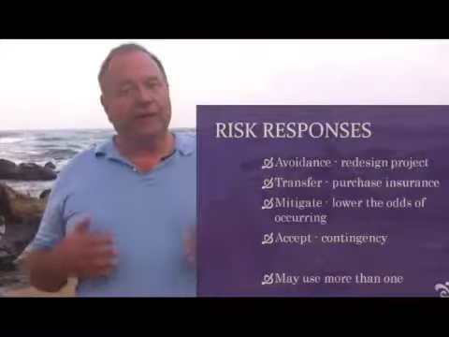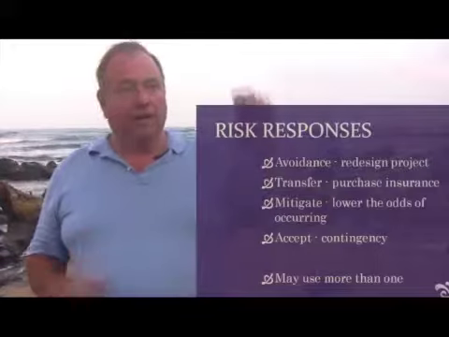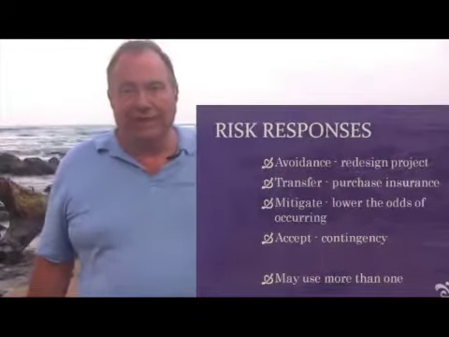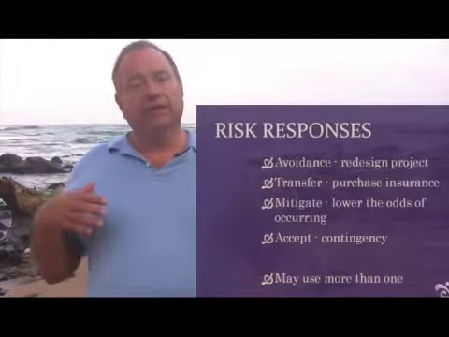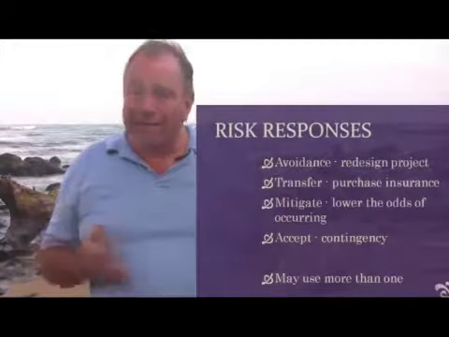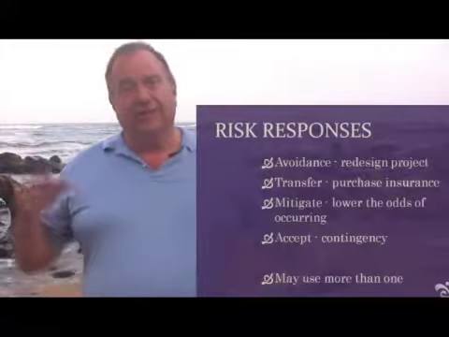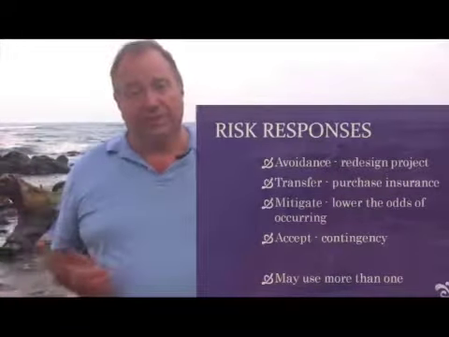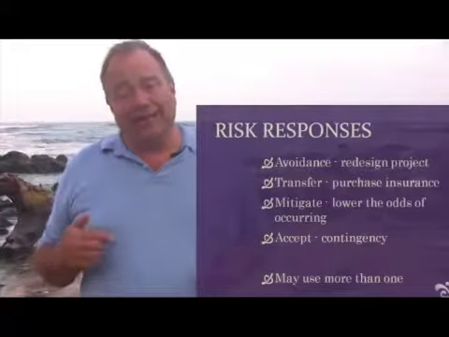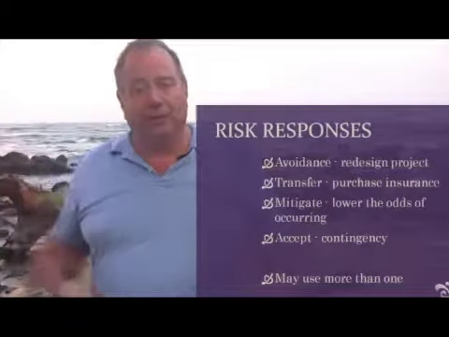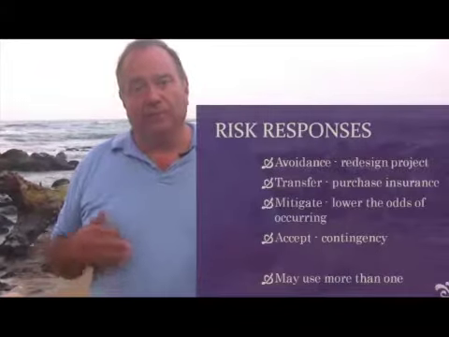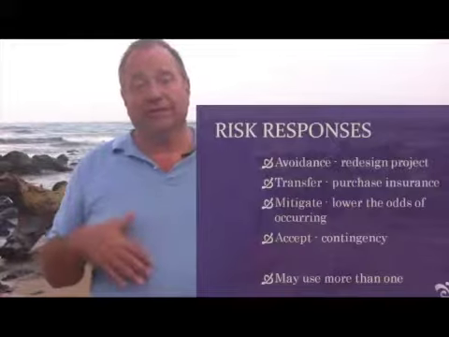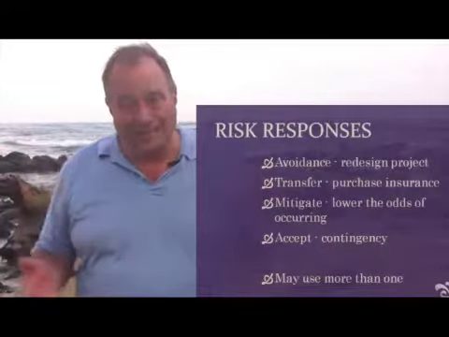If we're concerned about turnover among our database analysts or our structural engineers, we might avoid the risk by contracting for those skills with an agency, with engineering firms as an example, who guarantee to provide us the skills even if they have to go out and hire additional people. So we're paying them a form of insurance to be sure we have those skills available to the project when we need them.